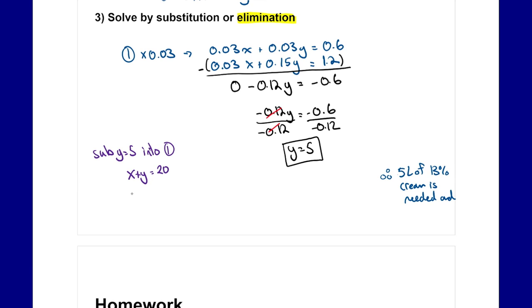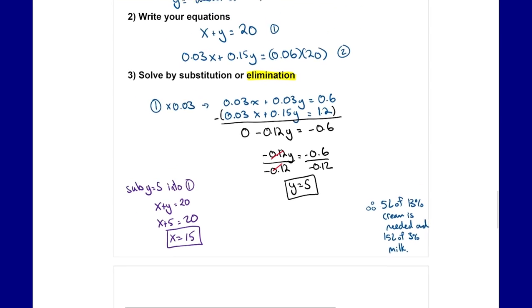We know y is 5, so x plus 5 equals 20. One-step equation, x equals 15. So therefore, 5 liters of 15% cream is needed and 15 liters of 3% milk.